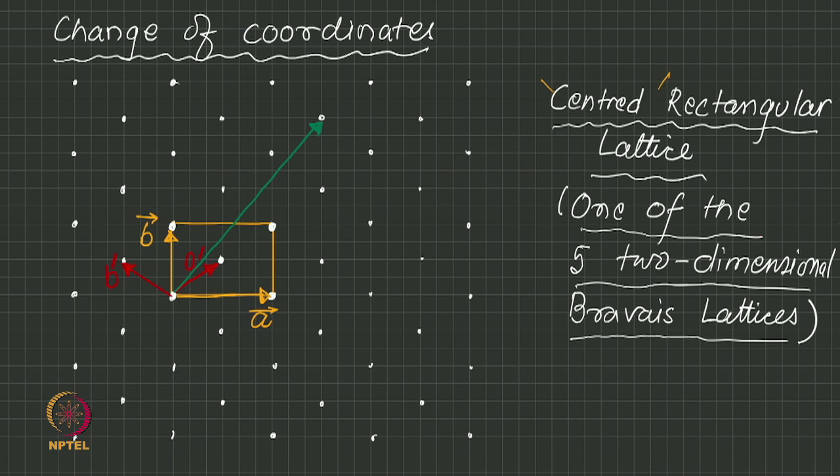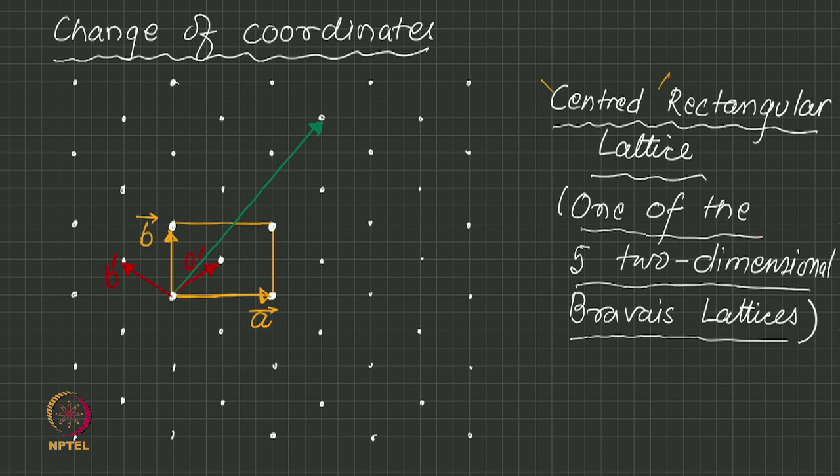So, we see that green vector, what will be its coordinates with respect to A and B? 3 by 2 a. So, a we do not write in the coordinates.